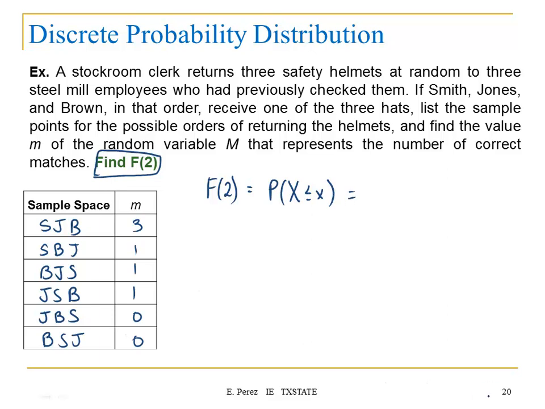And in this case, our random variable is M. So M less than or equal to what? 2. Okay? So this is the generic case. This is the case for this problem. Okay, so what are you going to do? You're going to sum the probabilities. This is equal to the probability of 0 plus the probability of 1 plus the probability of 2.